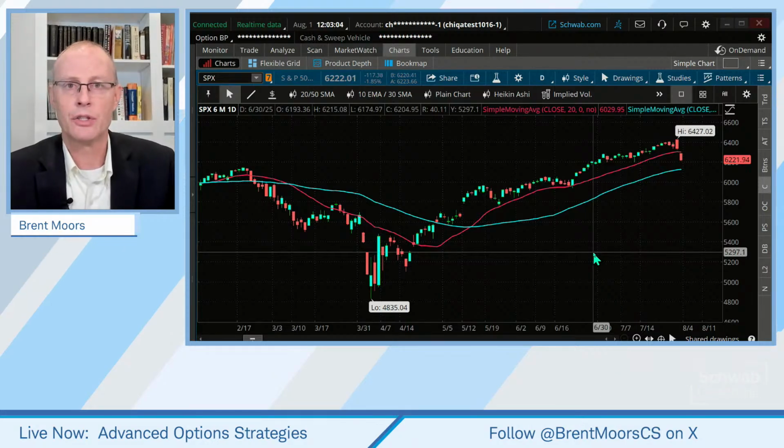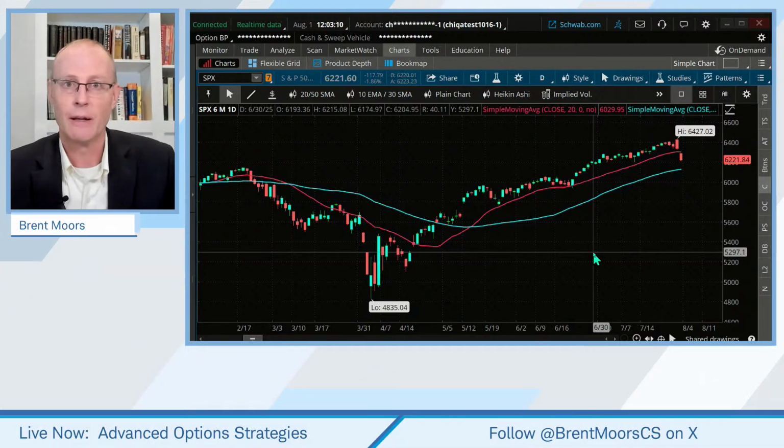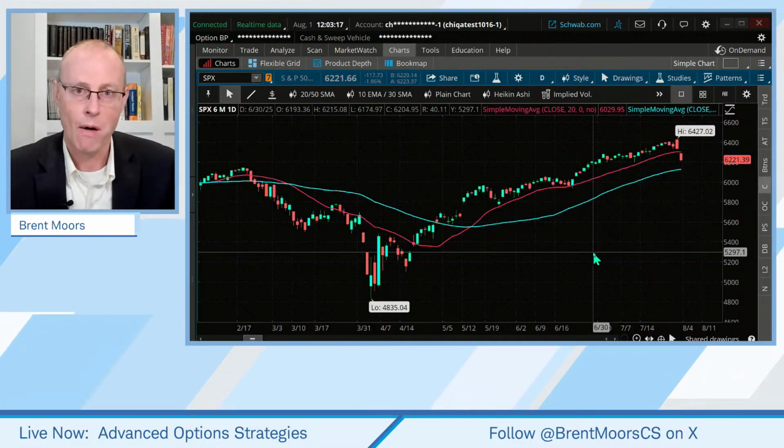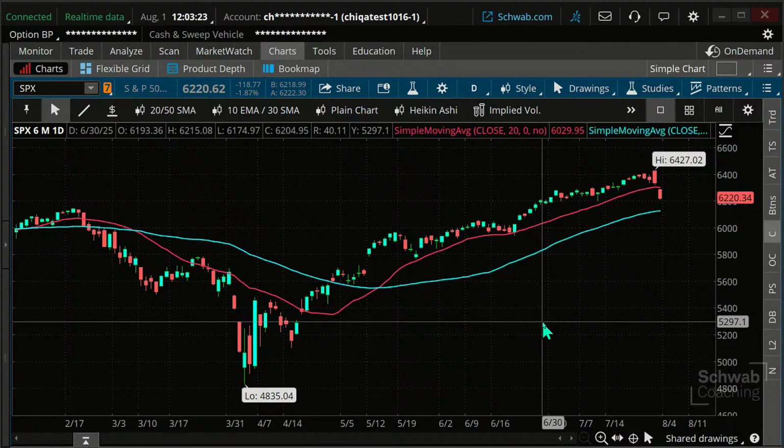A long call or long put is very directional, although we don't deal with those singly as much in this class just because it's an advanced options class. So usually we're doing spreads of some sort. But you can do things like a diagonal spread, or a skewed butterfly that makes it more directional.